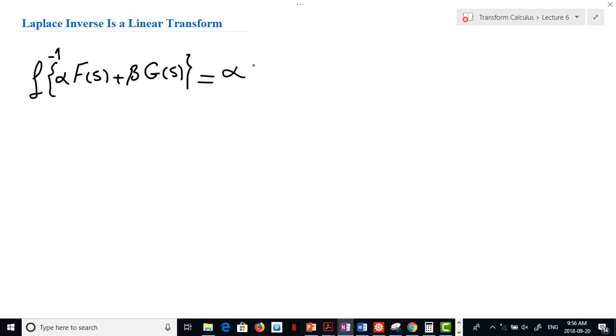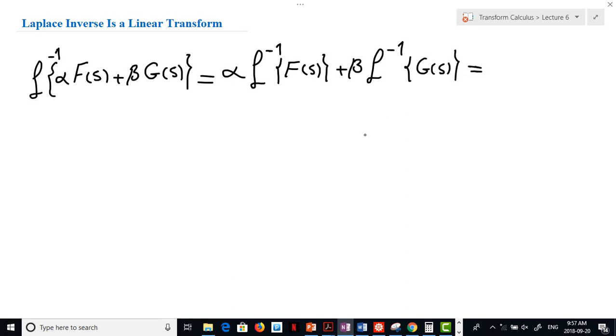alpha times Laplace inverse of F(s) plus beta times Laplace inverse of G(s). So it's equal to alpha times f(t) plus beta times g(t).